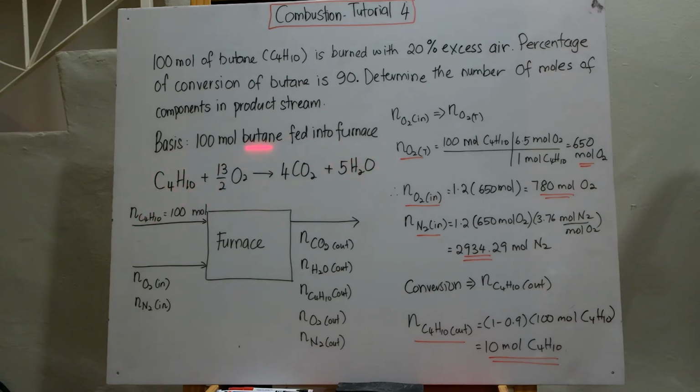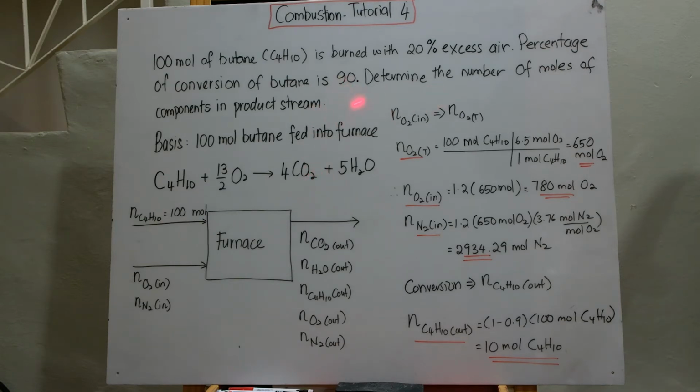So we have the final equation, complete combustion. However, the conversion of butane is only 90%. So remember, those are two different things. The conversion of butane is only 90%, but it is a complete combustion process.